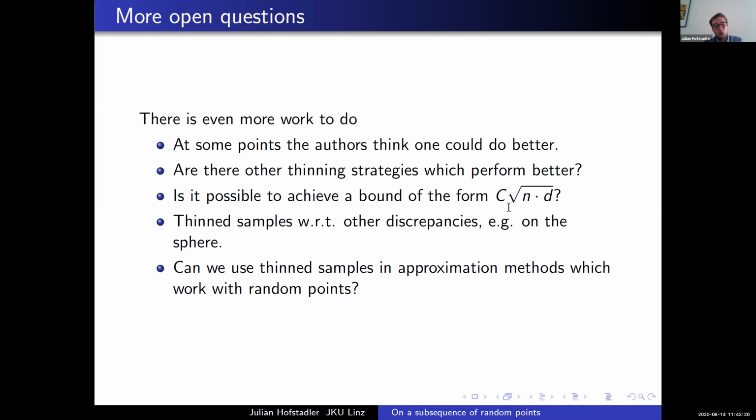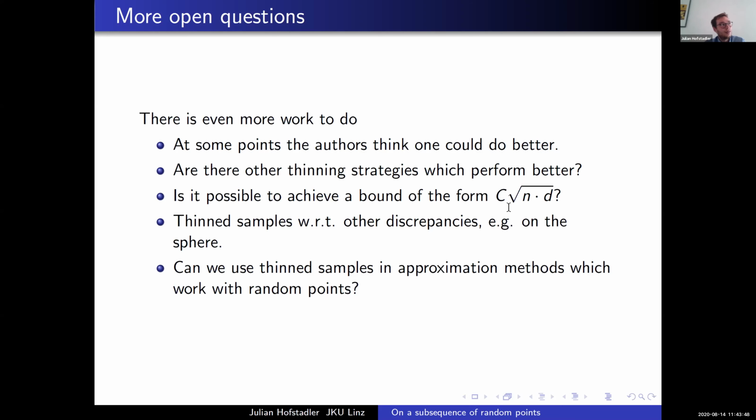And you could also think about thin samples with respect to other discrepancy. For example, coming back to Matthias' talk, are there thinning techniques that work with respect to the discrepancy on the sphere, or in even different settings? Could also be interesting to do some work.